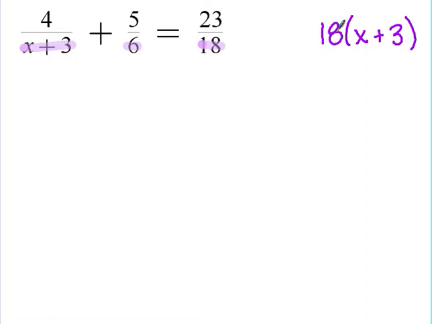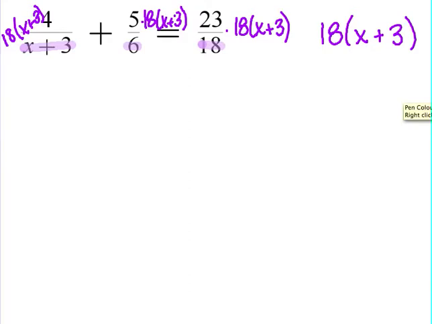So this is my LCM right here. So I need to multiply each one of these terms by that. I'm going to multiply the first one by 18 times x plus 3, this one by 18 times x plus 3, and this one by 18 times x plus 3.